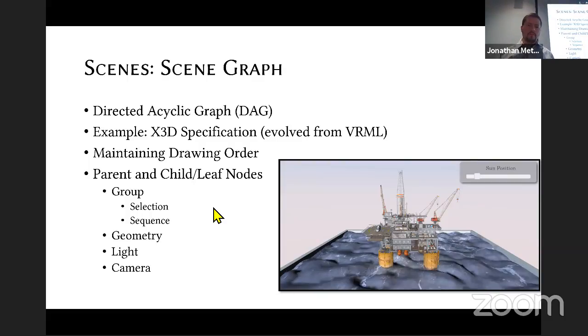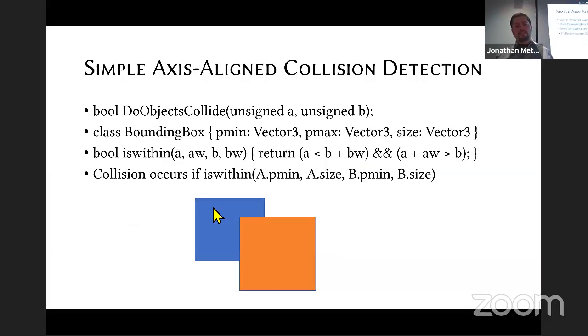Okay, so moving on from scene graphs, let's talk about collision detection and response. All right, this is particularly useful, I think, for this coming week because Ludum Dare starts on Friday. And so there's a few functions that you might want to do, or at least get some experience with. And this is basically axis-aligned collision detection.